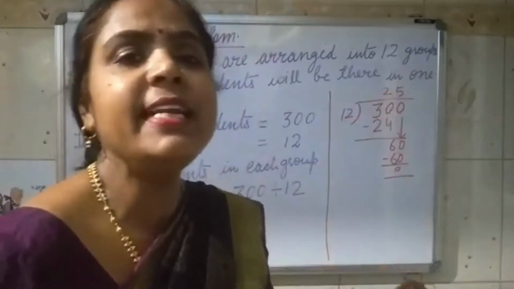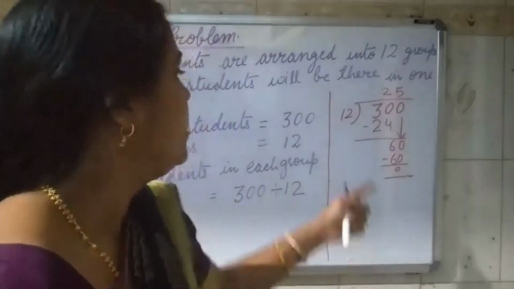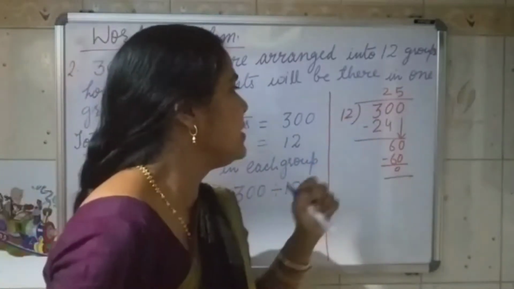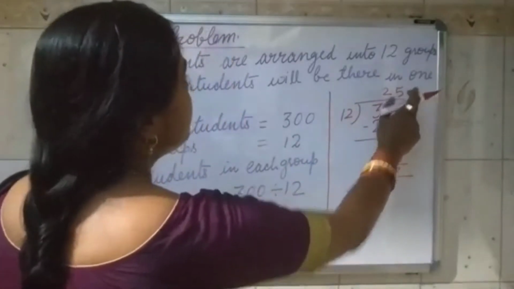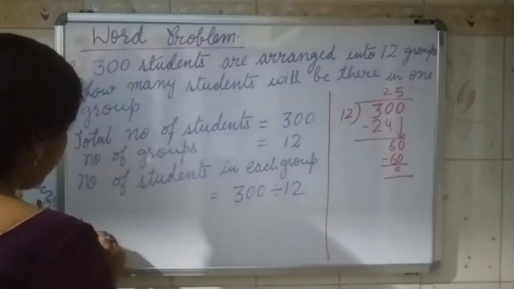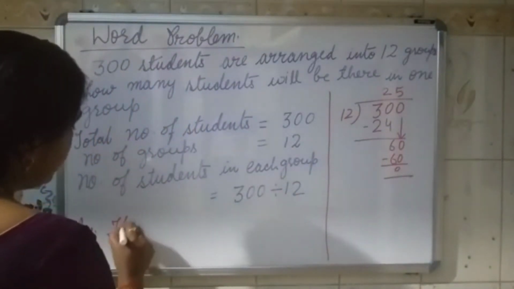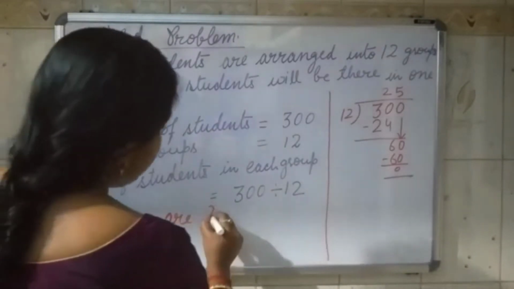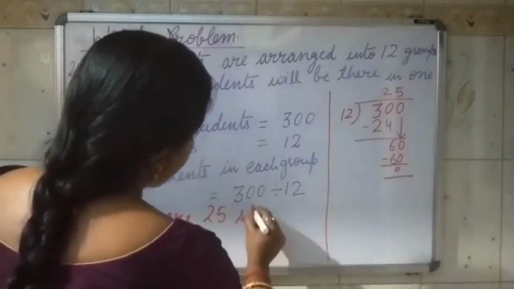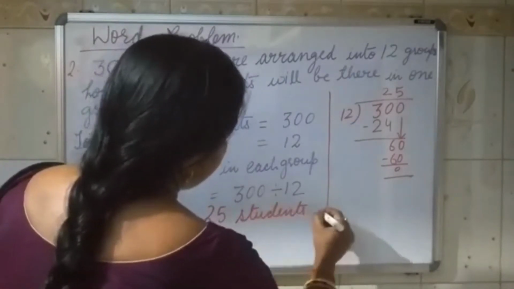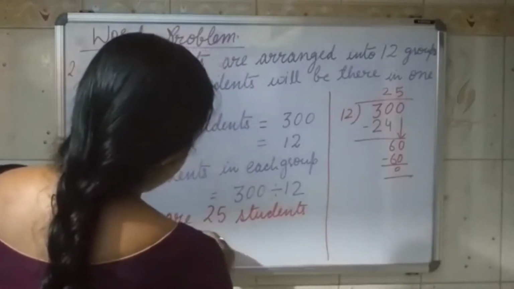Simply read the table and you can find the answer. So 12 2s are 24 and 12 5s are 60. So how many students are there in one group? The answer will be there are 25 students in each group.